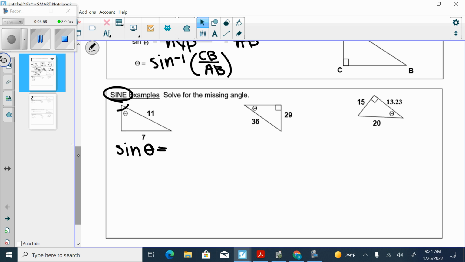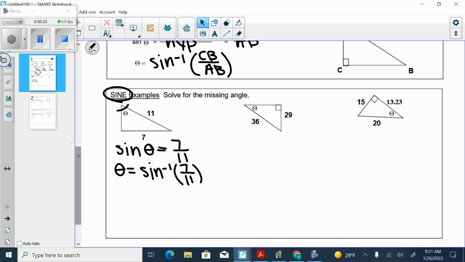Well, what's opposite and hypotenuse here? Very good. Okay, so now the only unknown is theta. To get theta by itself, we just take the inverse. So I'll have that theta is equal to the inverse of sine for 7 over 11.